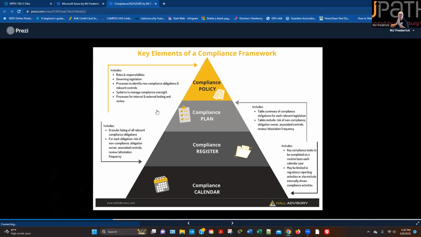And then processes for internal and external testing and review. That's why pen testing, and David, I've mentioned before, you probably would be more interested in penetration testing, being a pen tester, trying to find out who the bad guys are, how they're trying to get in, what way they are getting in, sandboxing stuff, trapping them. So the idea here is you want to hire outside organizations to pen test or to look at the boundaries and look at your organization, how you're protecting the information of that organization.